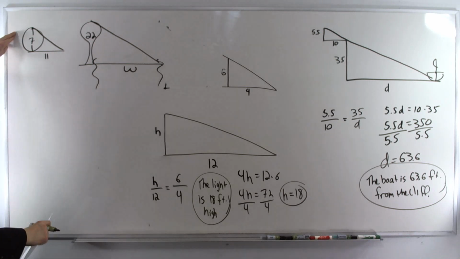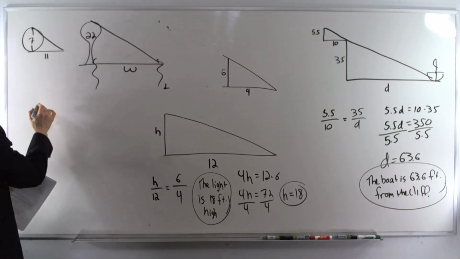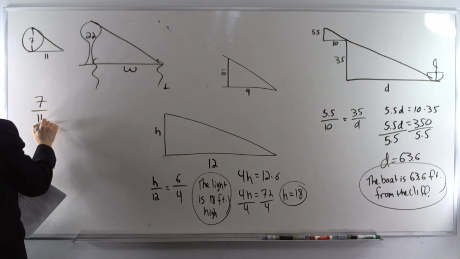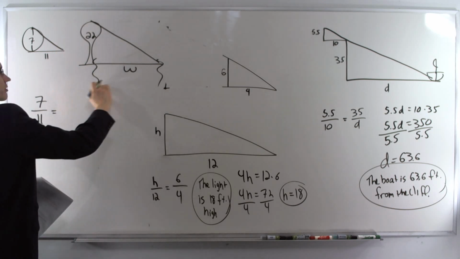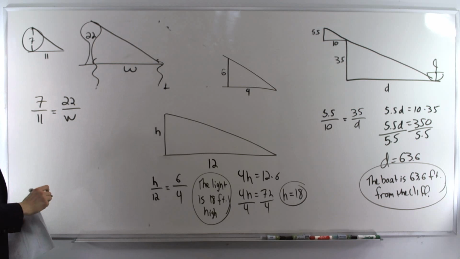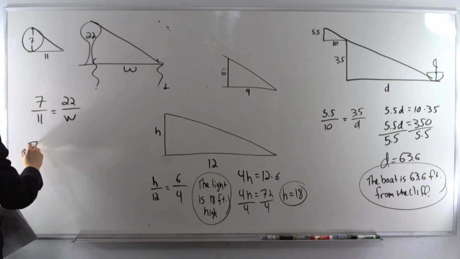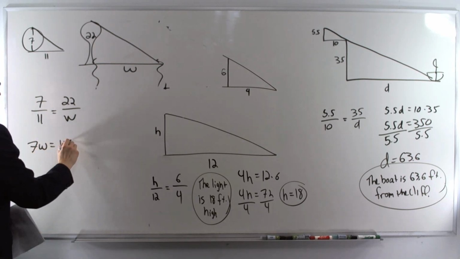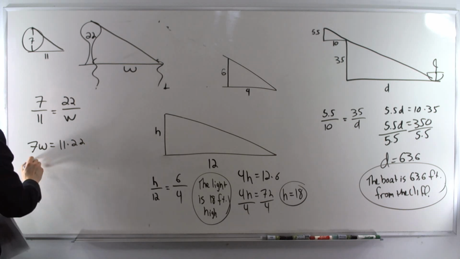Vertical over horizontal here, we get 7 over 11 equals vertical over horizontal here, 22 over W. Cross multiplying, 7W equals 11 times 22.